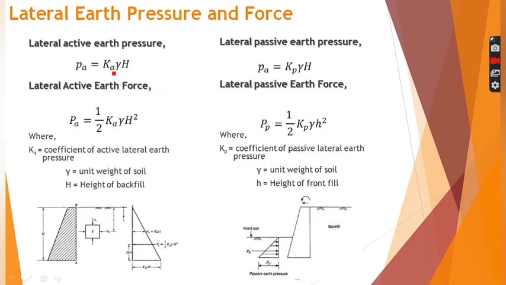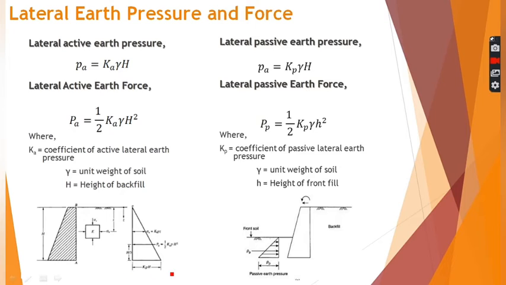Kindly note here I have written Ka because this is the coefficient of active earth pressure. Gamma is the density of the soil backfill and h is the total height of the retaining wall. From this pressure we will calculate the force, that is pressure into area. Area is half into base into height, so half Ka gamma h square, as discussed in the previous slide.